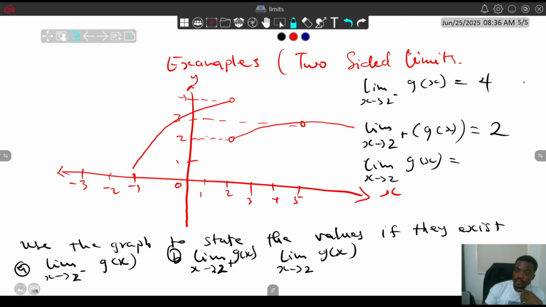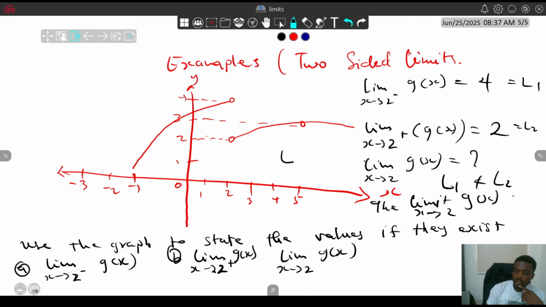Obviously, since L1 is not equal to L2, we say the limit as x approaches 2 of g of x does not exist.